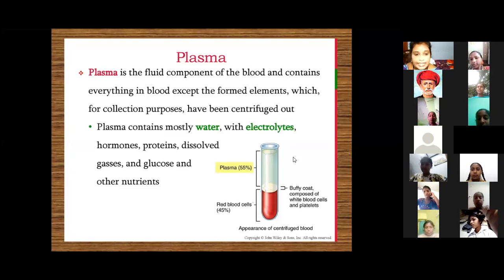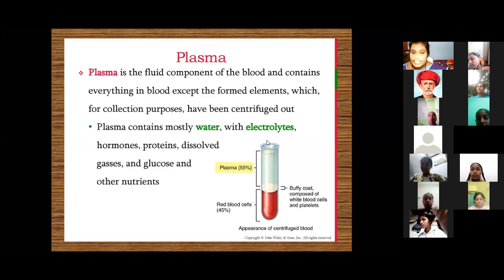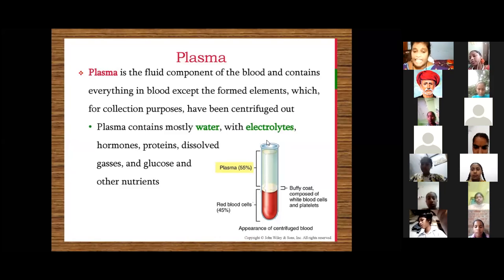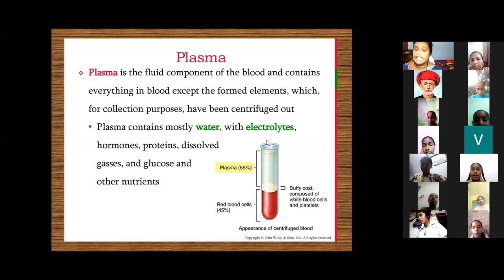Next, the plasma contains mostly water, electrolytes, hormones, proteins, dissolved gases, glucose, and other nutrients. These are all in plasma.